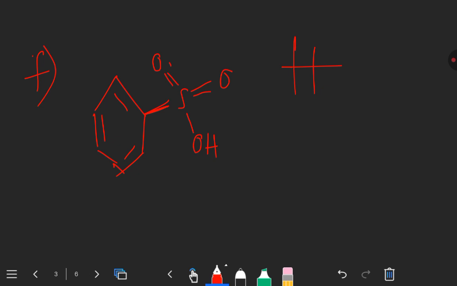Now, from the structure we've been given, we can see that this sulfur does not have any lone pair of electrons. So because it is lacking any such electrons, this sulfur is able to withdraw electrons from the ring to itself. And because it is withdrawing electrons from the ring towards itself, we say that it is deactivating the ring. And because it is deactivating the ring, we call it a meta director.